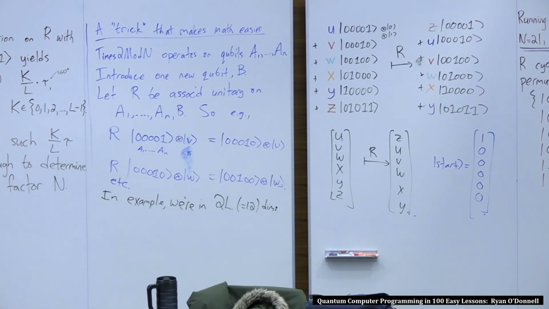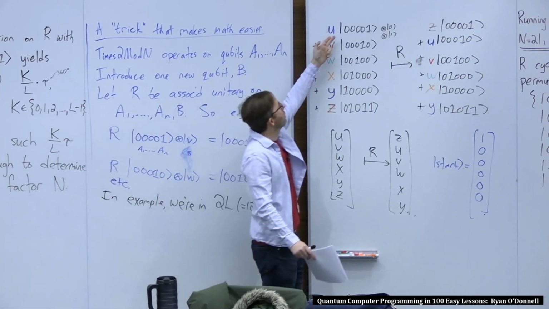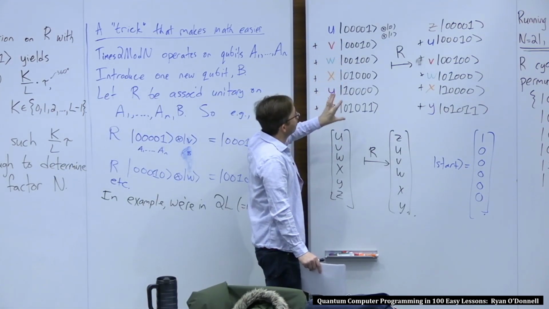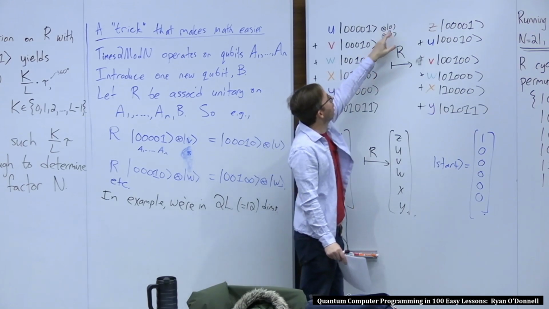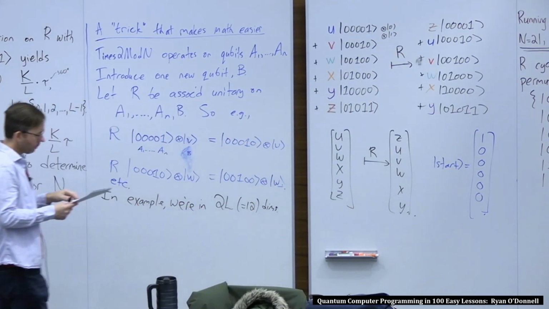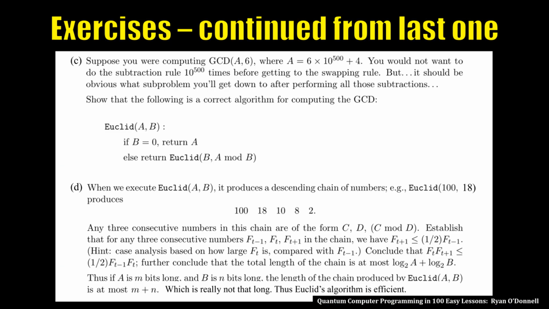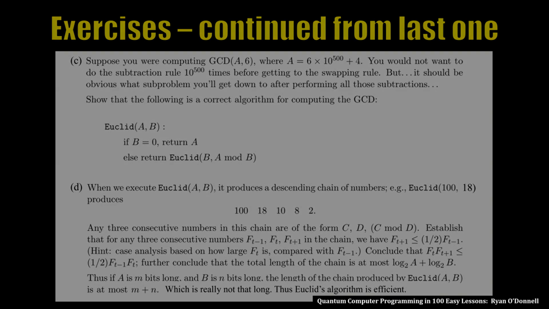Because the only states we'll ever encounter are ones that look like, in the A part, one of these 6 basic states from S, and the B part can span 0 and 1.